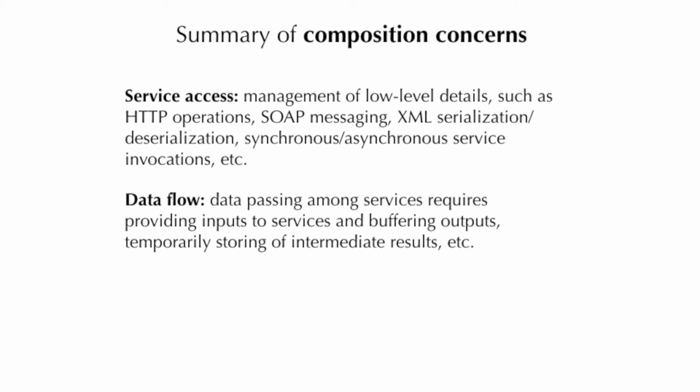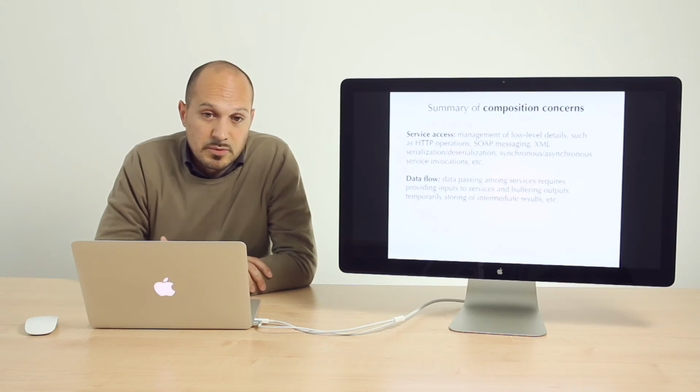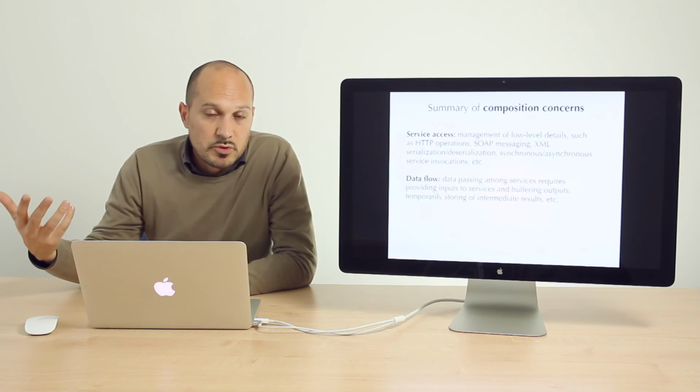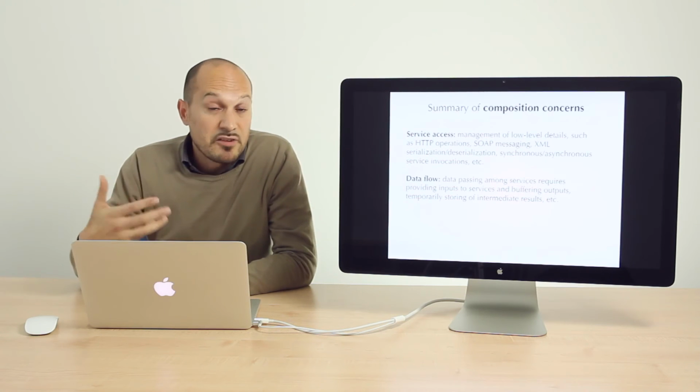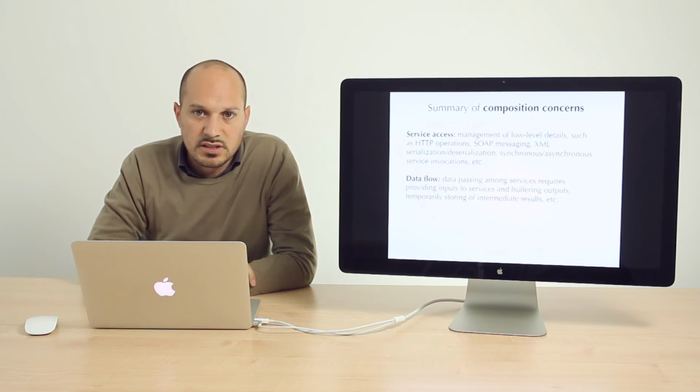Because if we integrate them, then perhaps they can deliver their functionality only by passing data from one service to the other. And doing so requires, for example, invoking several web services in a row, temporarily buffering the outputs of these web services, integrating these data, and then forwarding it to another web service.